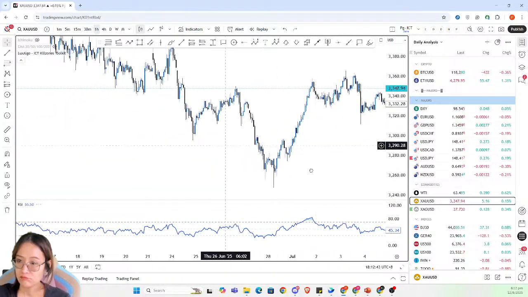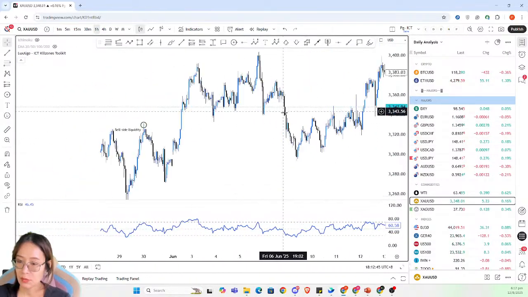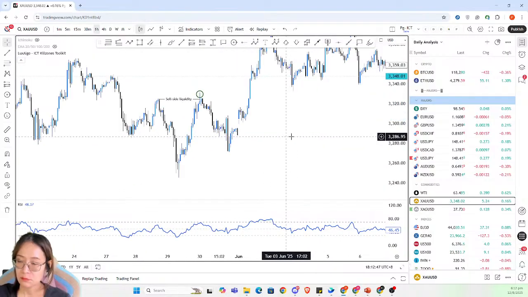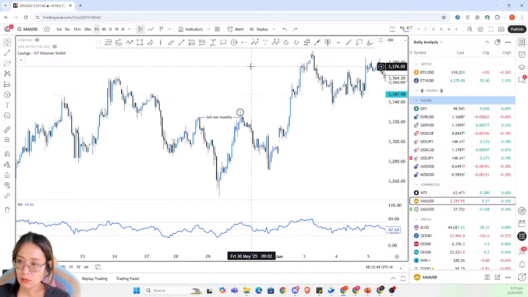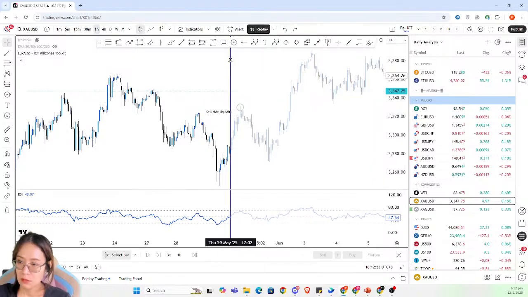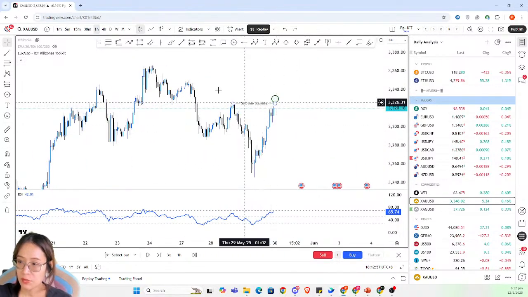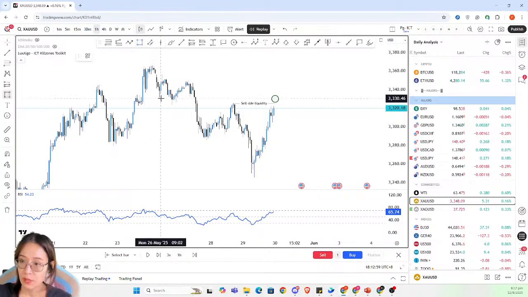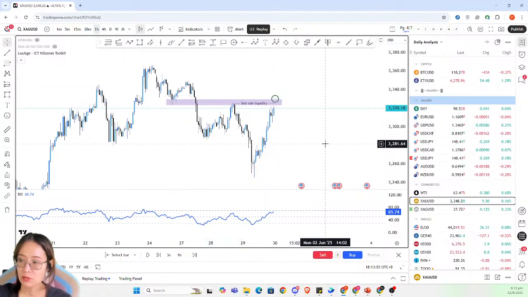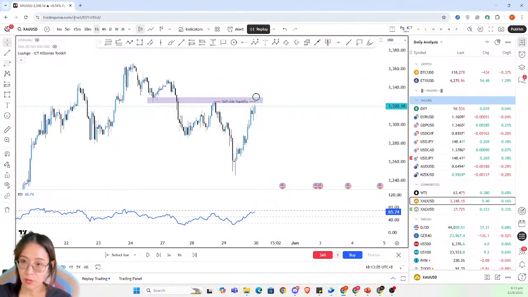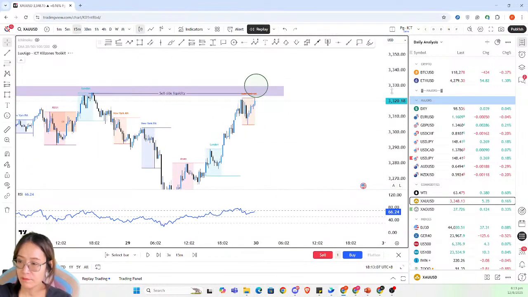Where is it? Okay, here. Let's say you sell here, you get stopped out. And if you were to highlight the zone, you wouldn't get stopped out, right? Let's say you get stopped out, we go to the lower time frame.